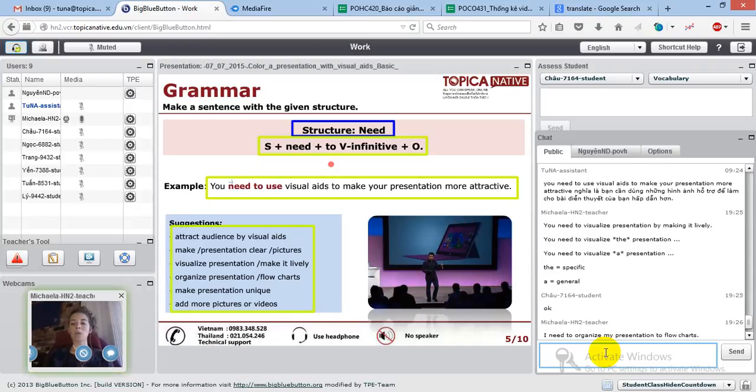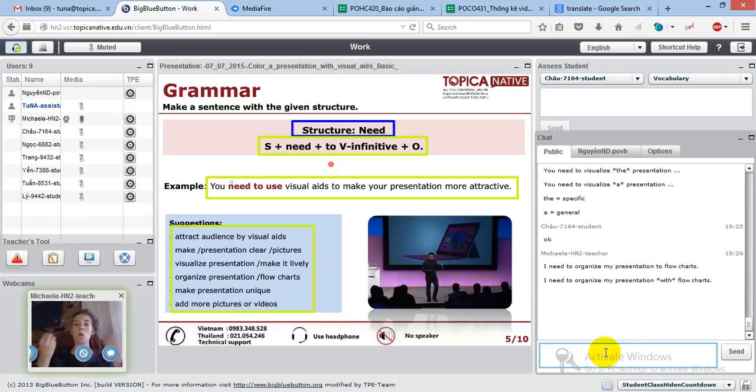Or I think what you were looking for is I need to organize my presentation with flowcharts. Okay, because you organize with something, so you can organize with shelves, or you can organize with a cabinet. You can organize with a closet. Okay, but you organize with something, so with flowcharts would be what you use.